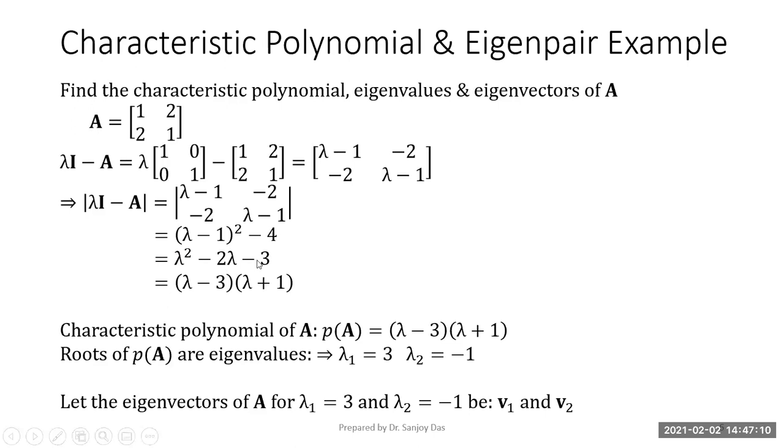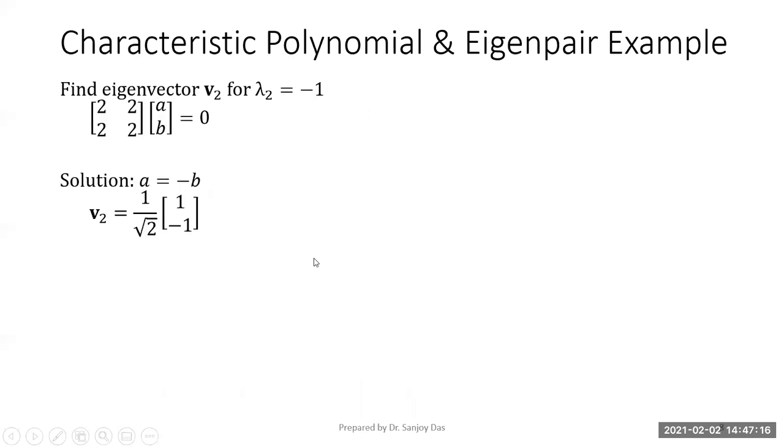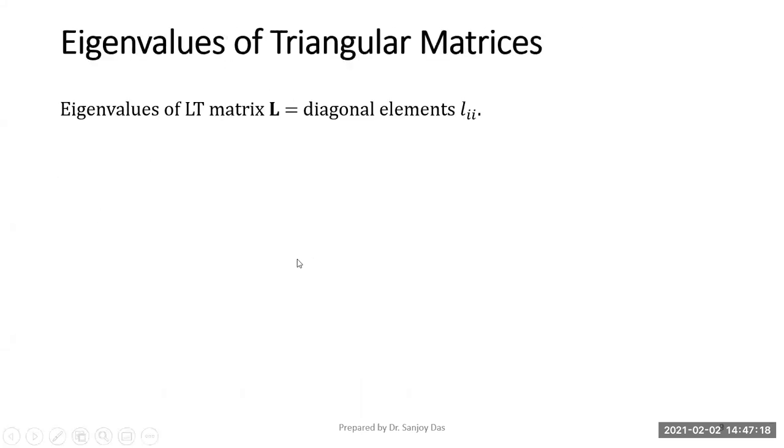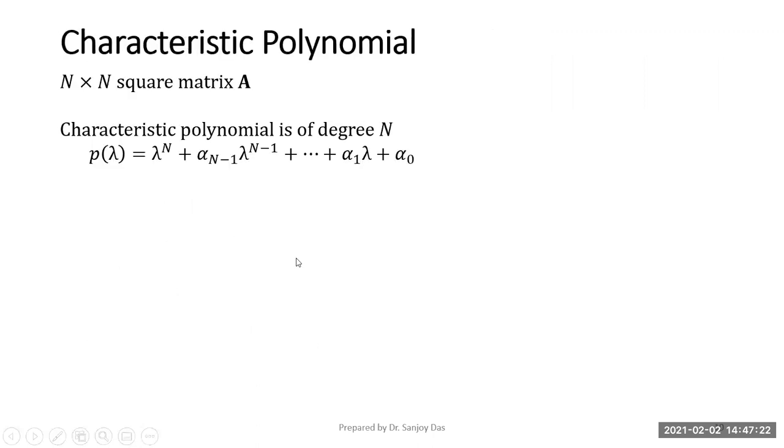It was a quadratic. That's because this was a 2 by 2 matrix. And in general, for an n by n matrix, the characteristic polynomial will be of degree n. Lambda to the power of n will be the highest degree. Okay? So this is the general form of the characteristic polynomial.